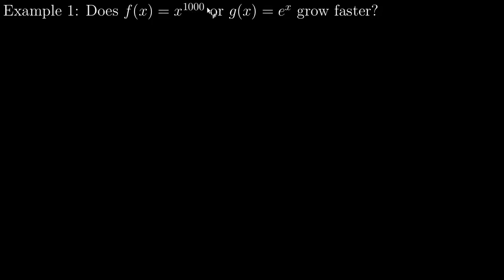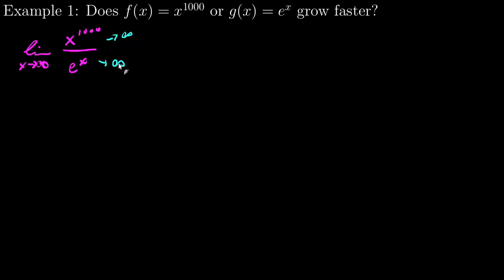Does f of x equal x to the 1000 or g of x equal e to the x grow faster? Well, I'll consider the limit as x approaches infinity of, and it doesn't matter which one I put on top, I'll put x to the 1000 on top, x to the 1000 over e to the x. And we saw earlier about L'Hopital's rule, where as x is approaching infinity, the numerator and denominator are both approaching infinity.